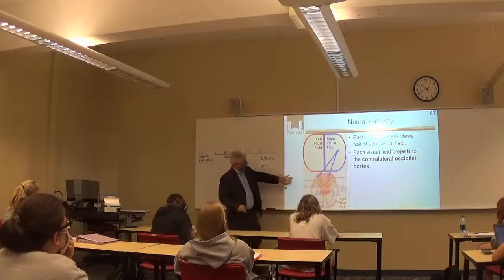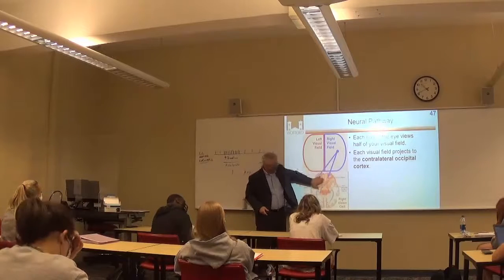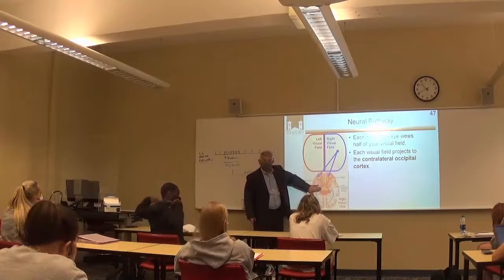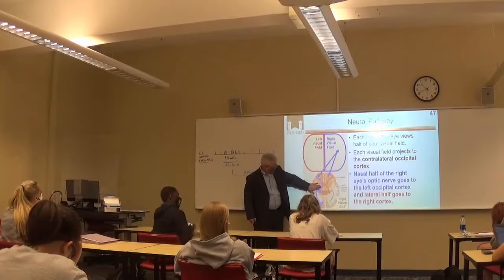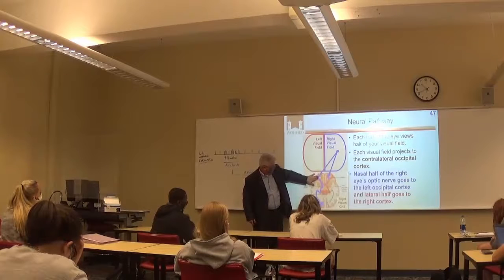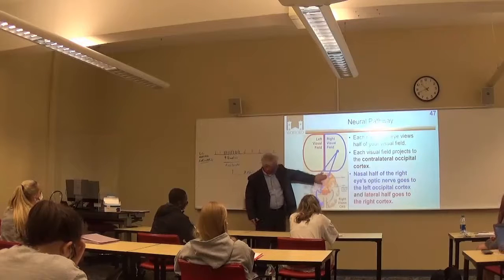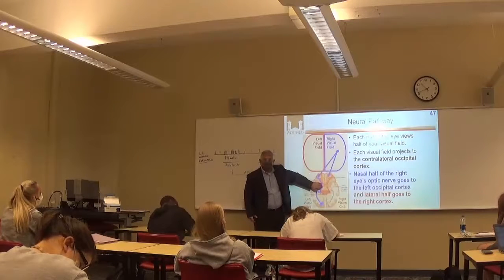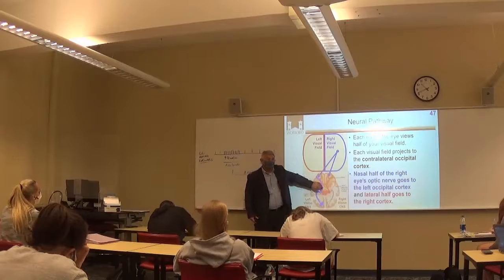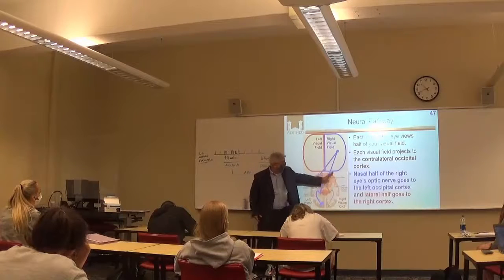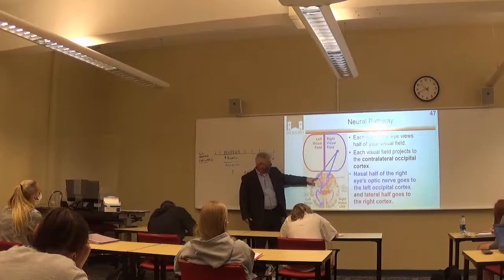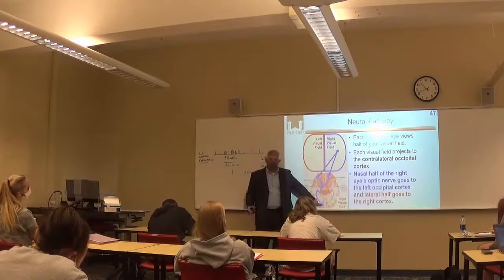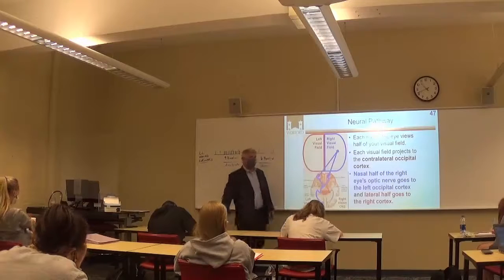So the nasal half of each eyeball sends its axons to the other side. So the lateral side stays ipsilateral, and the nasal or medial side crosses at the optic chiasm and sends its half of the eye's signals to meet up with the signals from the other eye and get consolidated so we only see one of our finger.